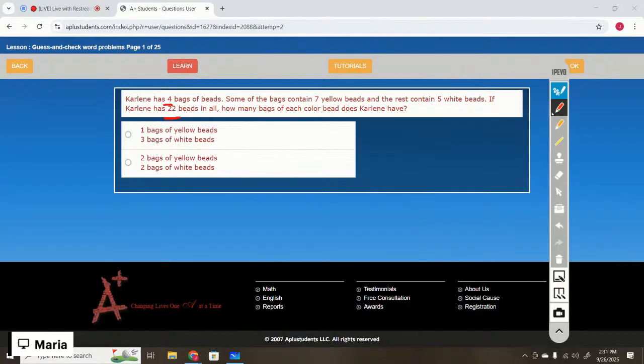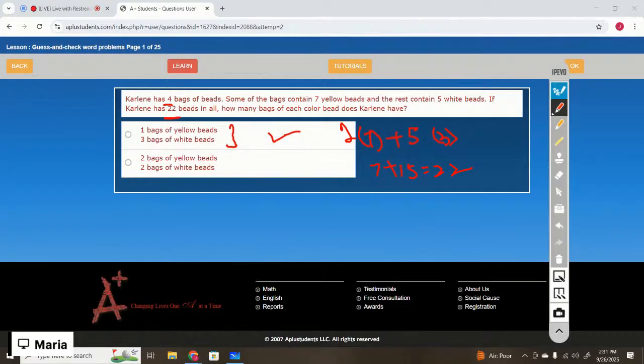Okay, we are given two options. Let's just use the option. The first one is if we have one bag of yellow beads. So the total we have 7 yellow beads. 1 times 7 plus 5 times 3. So 7 times 1 is 7 and 5 times 3 is 15. So the total is 22 beads in all. So option number 1 is the correct option. That means we have 22 beads and 4 bags of beads.